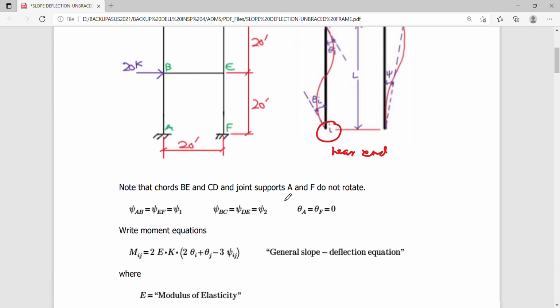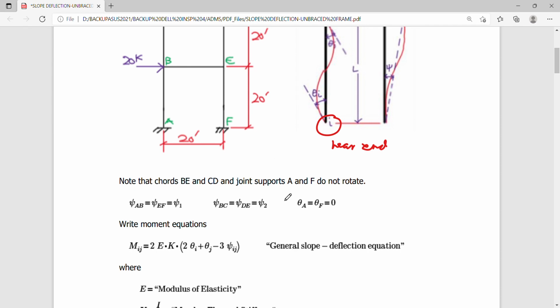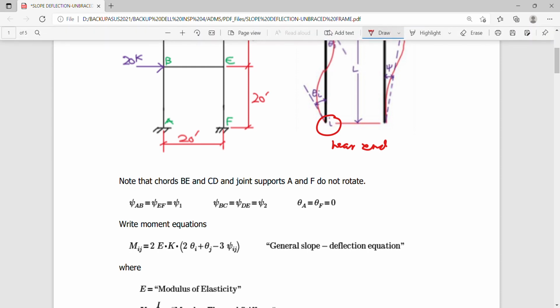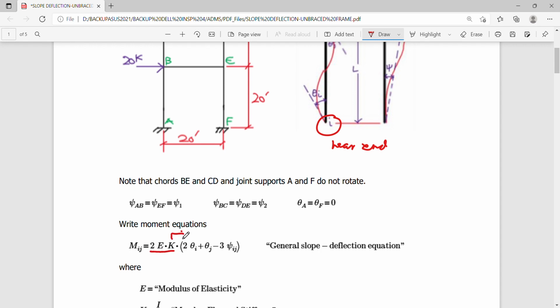Without doing the derivation, we can simply state that the moment of a certain member ij, referring to your near end I going to the far end J, is simply equivalent to this constant 2EK, where K is simply the stiffness that we normally consider as the ratio between your moment of inertia over the length.